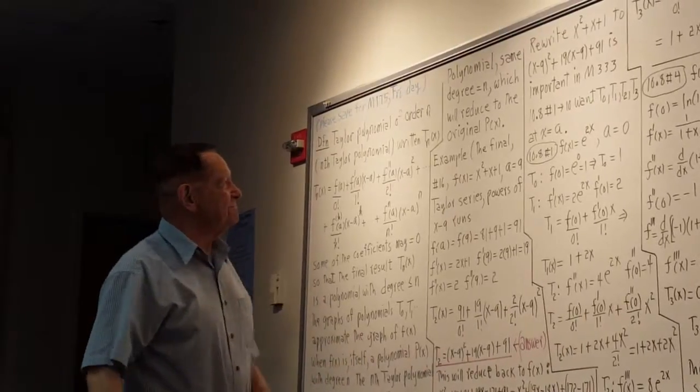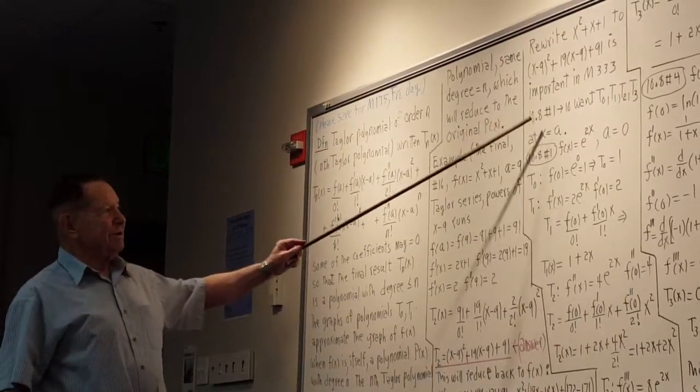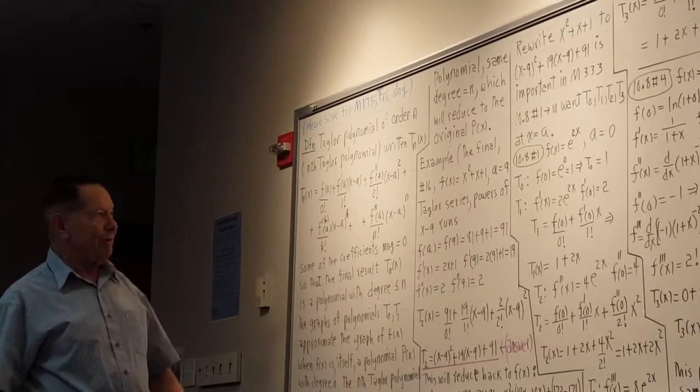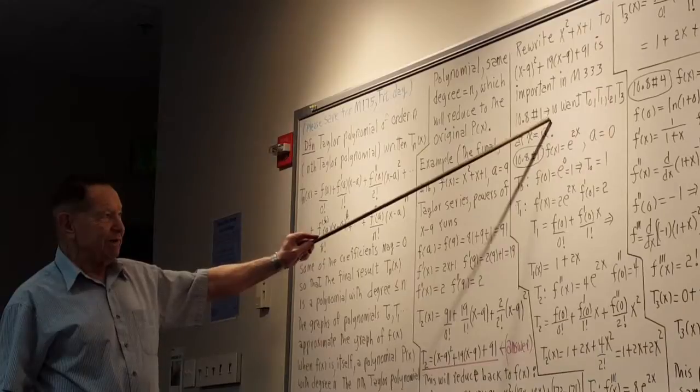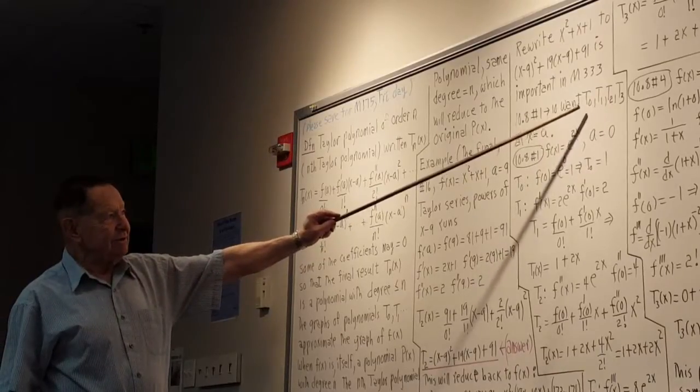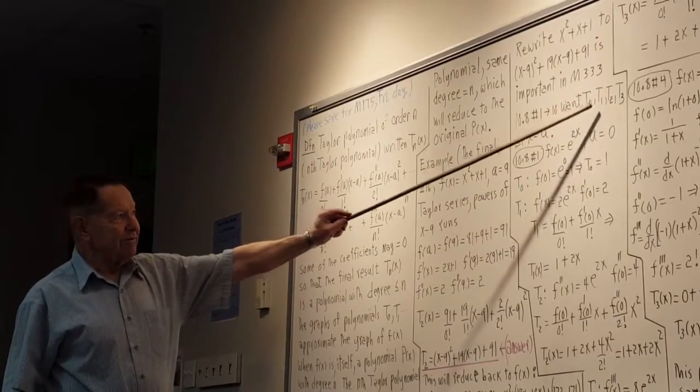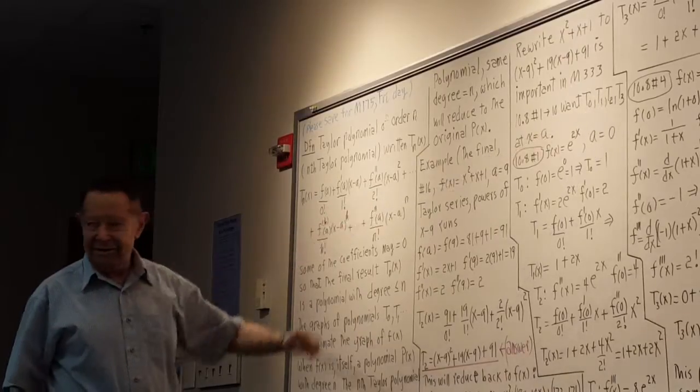Anyway, these problems, the homework in section 10.8 wants you to do, for problems 1 through 10, they want you to do the 0 order, first, second, and third Taylor polynomials.